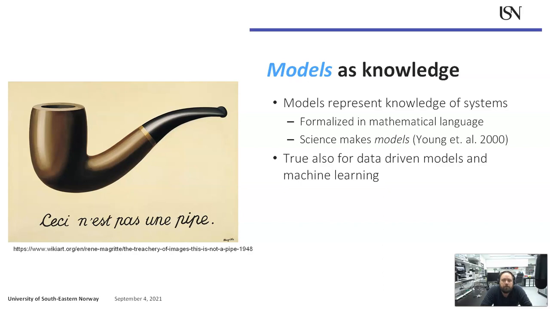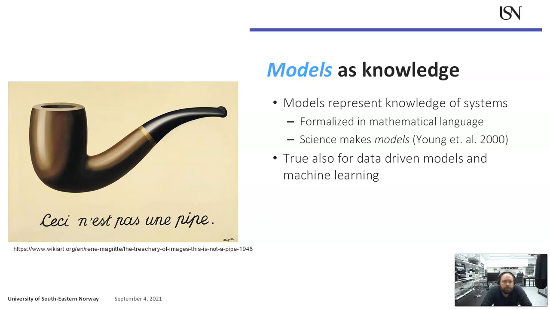And this is true also for data-driven models and machine learning, that they represent knowledge encoded in a mathematical language, only a slightly different language, as we explained in the previous slides, than the physical models. And we still, in the data-driven sense, have to be careful of applying models, because they are representations of knowledge. They are representing knowledge of an underlying system. They are, of course, not the underlying system. So their knowledge can be incomplete.